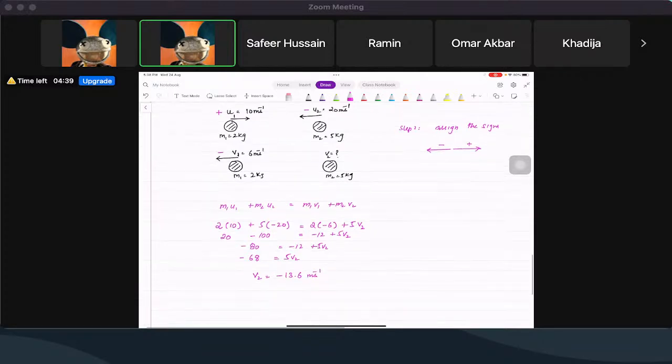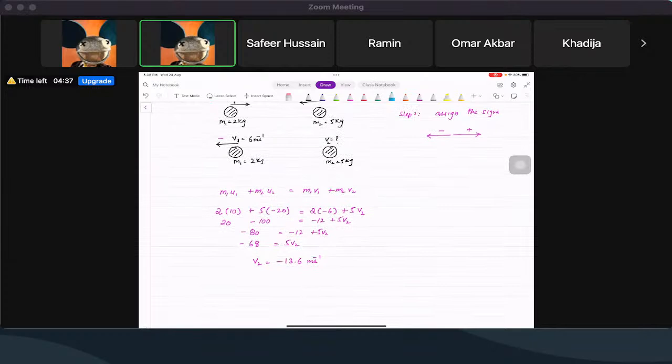Now you got the value, but the important fact is the negative sign. The negative indicates that according to our sign convention, I have told you before as well, you can take any other convention, according to our sign convention, m2 moves to the left. Is it clear, everybody? Yes, sir.